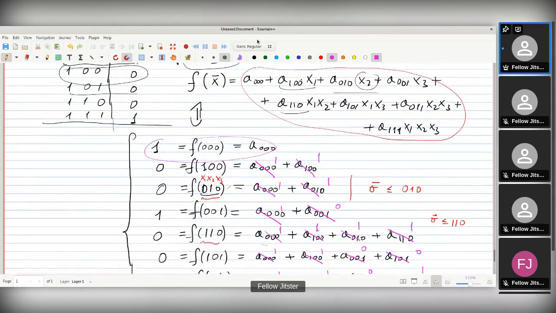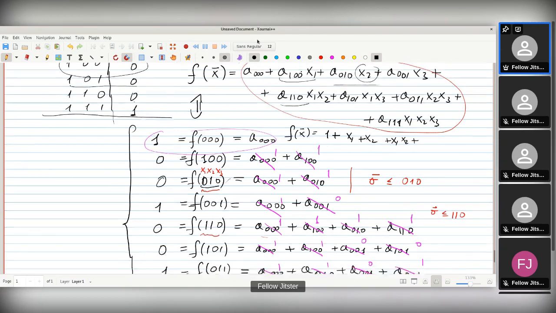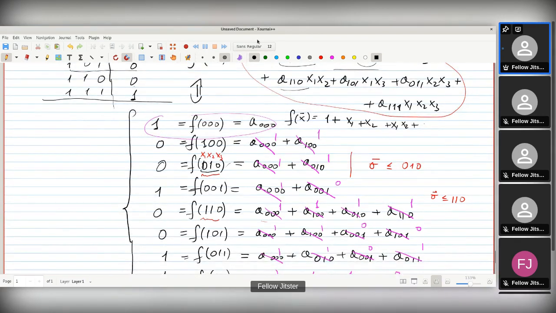So what is the resulting equation? Let us write it down. We see that our f must equal 1 plus x1 plus x2, no x3, plus x1 multiplied by x2 plus, no, this term, plus x2 multiplied by x3.